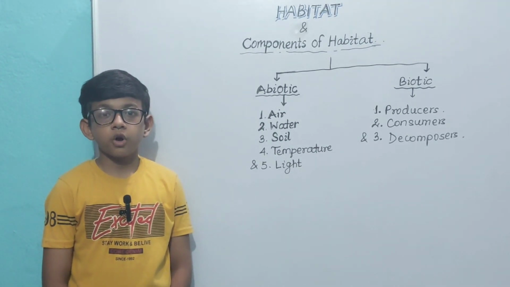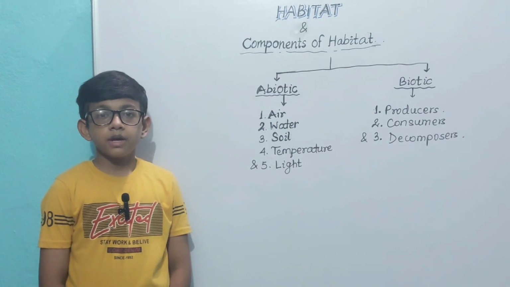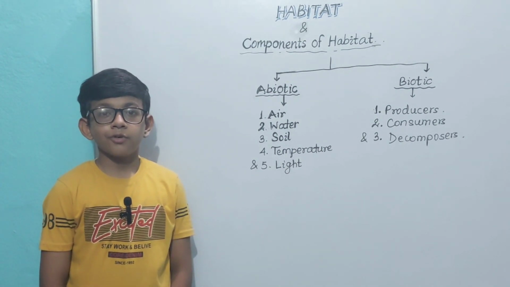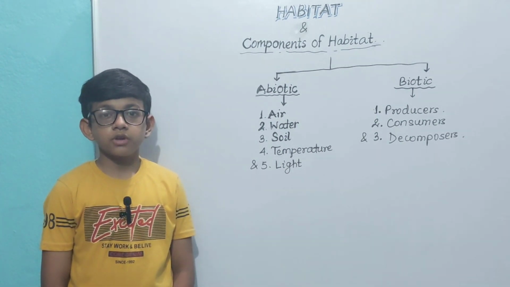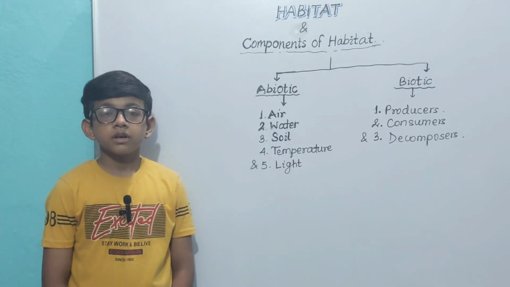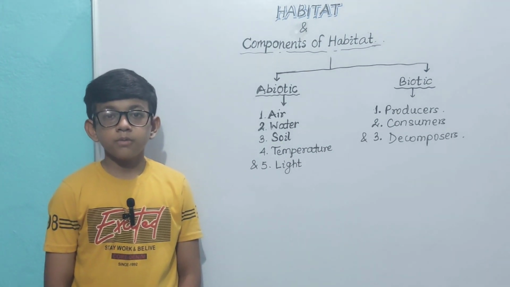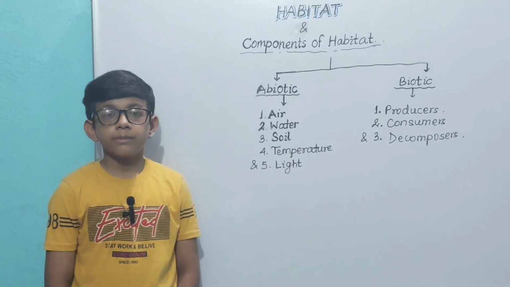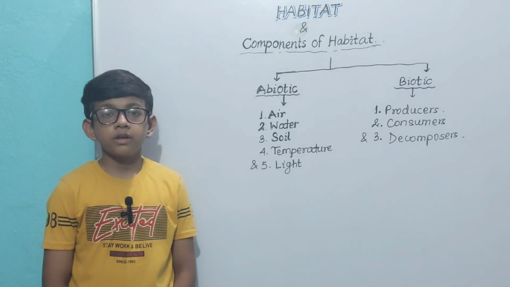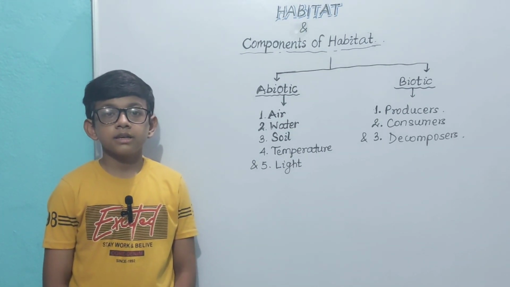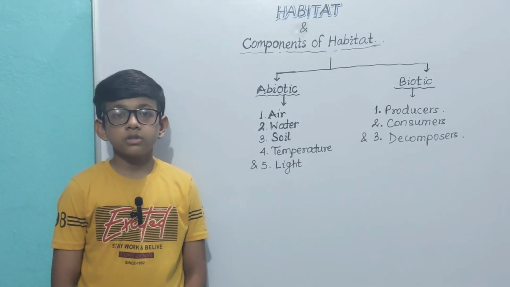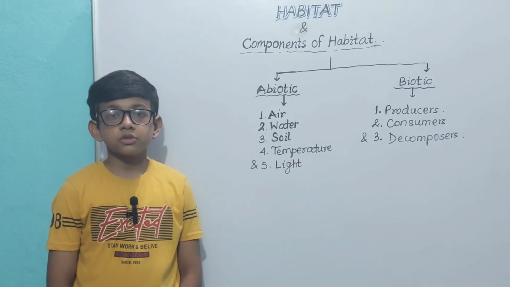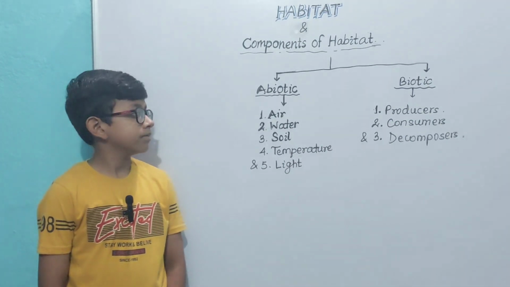They are also known as autotrophs. They make food by the process of photosynthesis. The equation of photosynthesis is 6CO2 plus 12H2O, in the presence of sunlight and chlorophyll, makes glucose, that is C6H12O6, plus 6H2O plus 6O2.